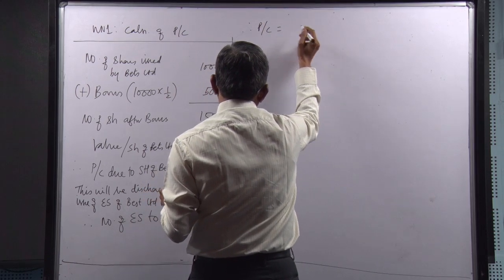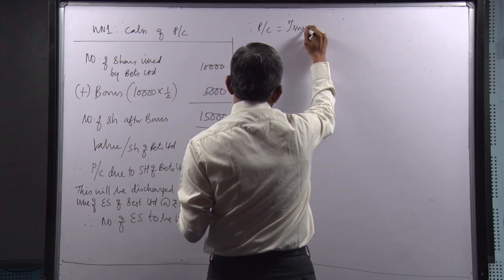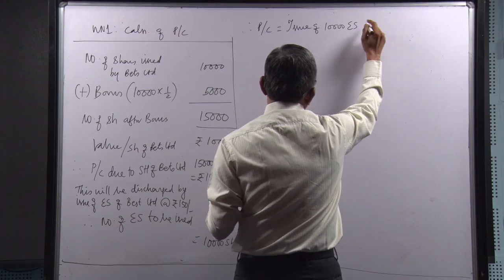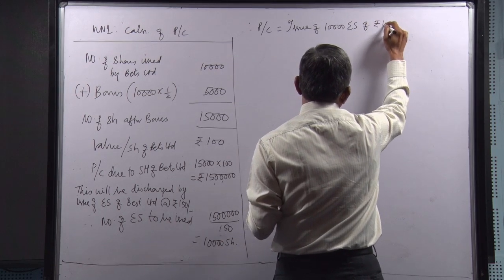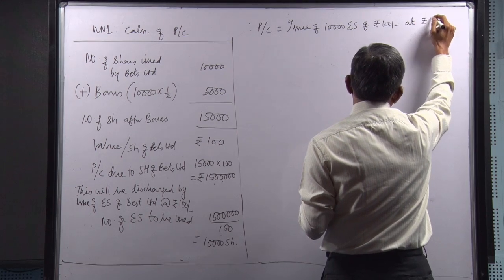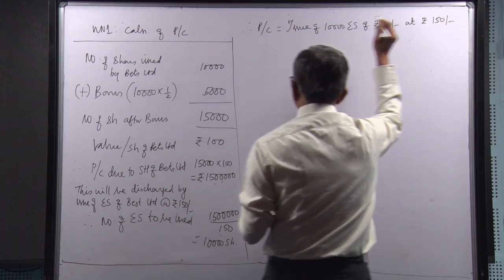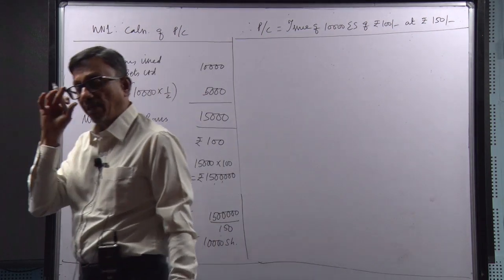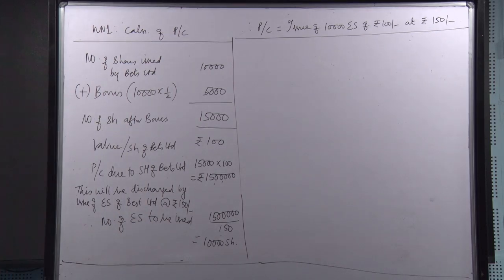Purchase consideration is equal to issue of 10,000 equity shares of rupees 100 each at rupees 150. So Best Limited will issue 10,000 shares of their company, face value 100, at the rate of 150 per share, so that the shareholders of Bets Limited will get a consideration of 15 lakhs.